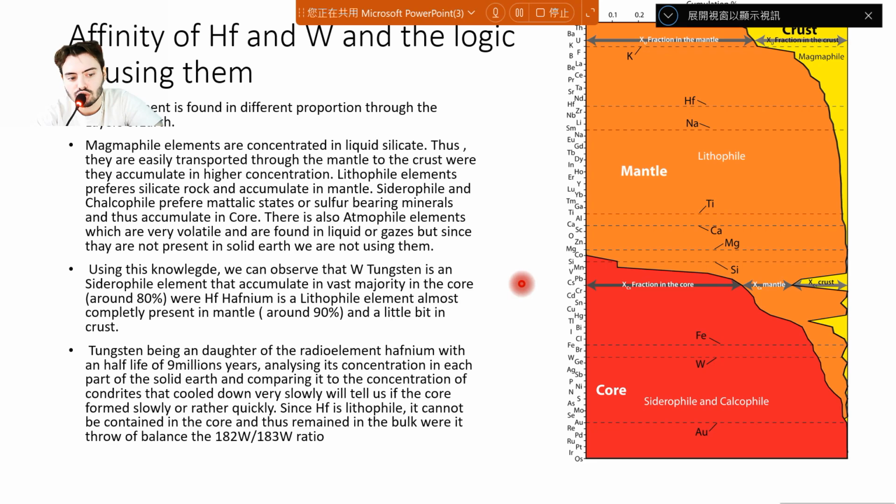Analyzing its concentration in each part of the solid Earth and comparing it to the concentration of chondrites that cooled slowly will tell us if the core formed slowly or rather quickly. Since hafnium is lithophile, it cannot be contained in the core and thus remained in the bulk, where there is a throw of balance in the tungsten-182 and tungsten-183 ratio.